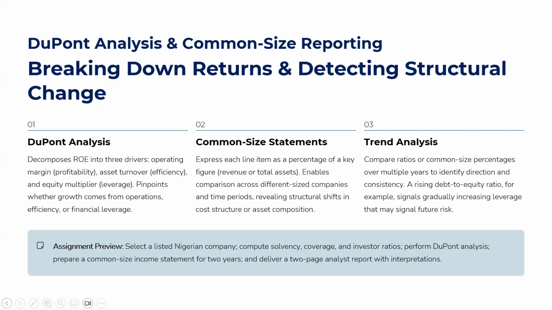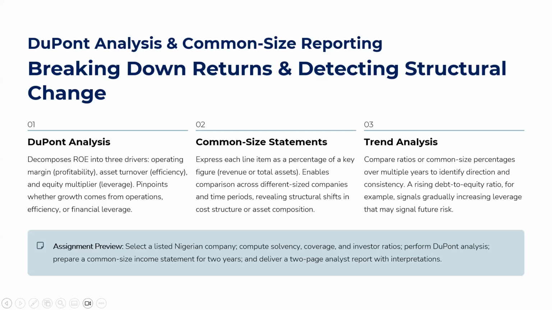Return on equity is profit after tax divided by equity. The DuPont analysis states that your return on equity is a breakdown of operating margin, your asset turnover, and your equity multiplier.